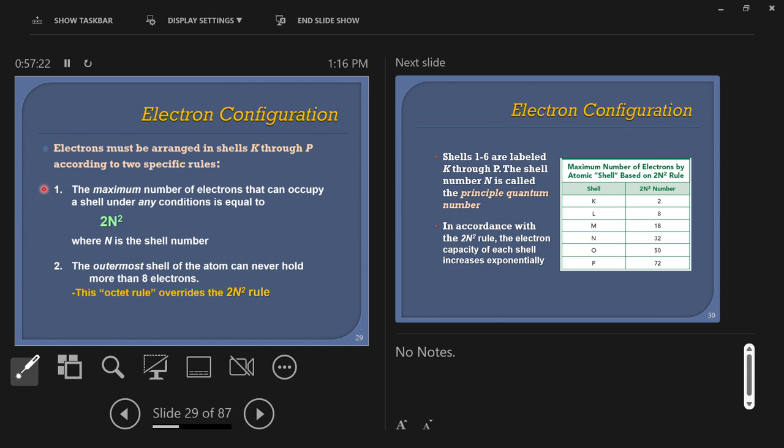N is the shell number. You're going to be able to tell me now how many electrons can fit in a shell. So let's pick one, 3, the M shell. That's the third shell level up. Any atom, doesn't matter what the atom is. 2 times 3 squared.